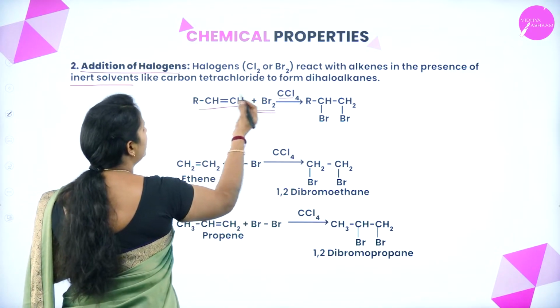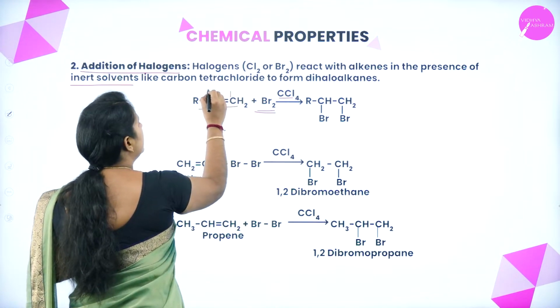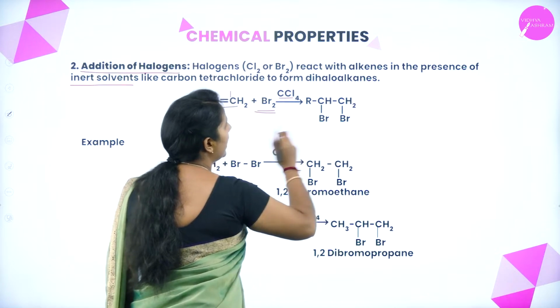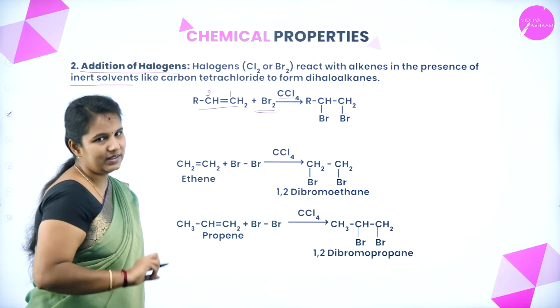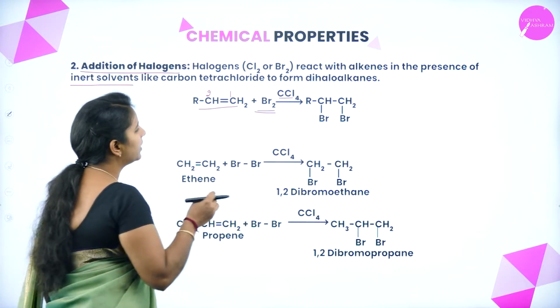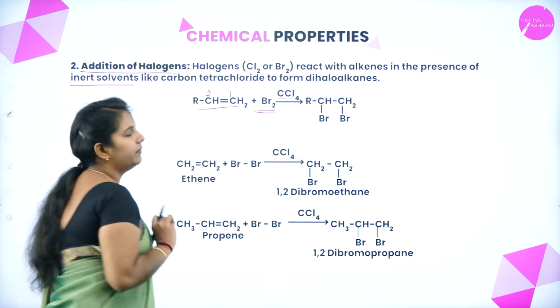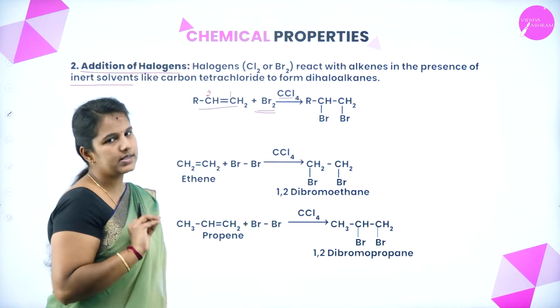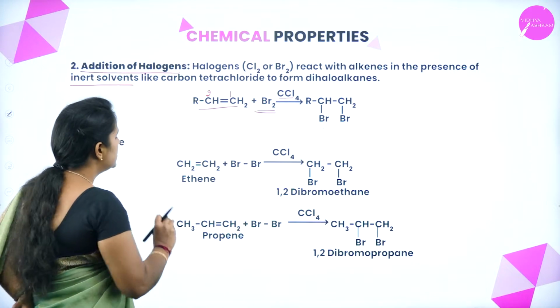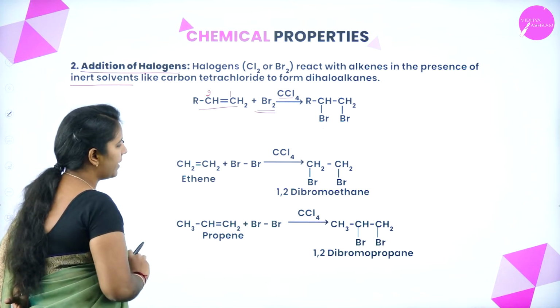It will add this halogen to the first and second carbon atom to form a dihaloalkane. Why is it dihalo? Because there are two halogen atoms attached to the first and the second carbon atom of the alkane.